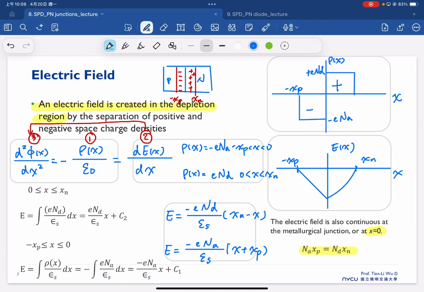If you look at TCAD simulation software, I would not say 100%, but more than 80% of device-level simulation always starts by looking at what the charge distribution is, and then computationally integrates to get the electric field and then integrates again to get the potential. So this is the idea behind the simulation software, and this is how we derive from the charge to the electric field to the potential.